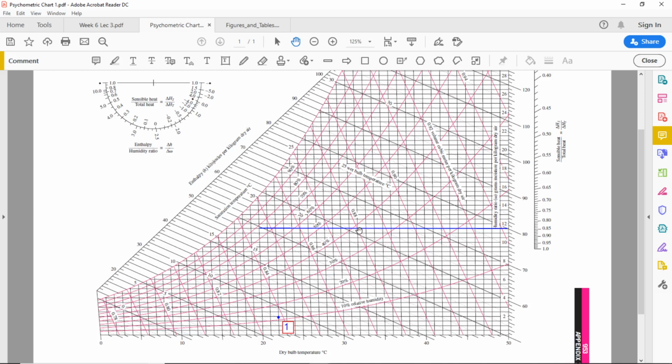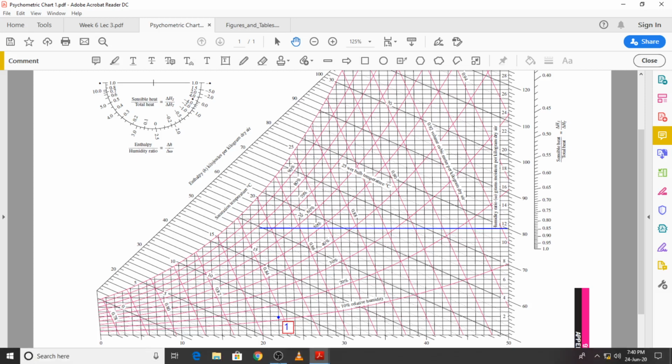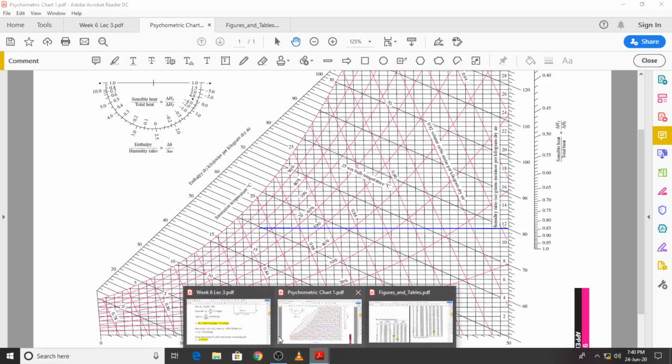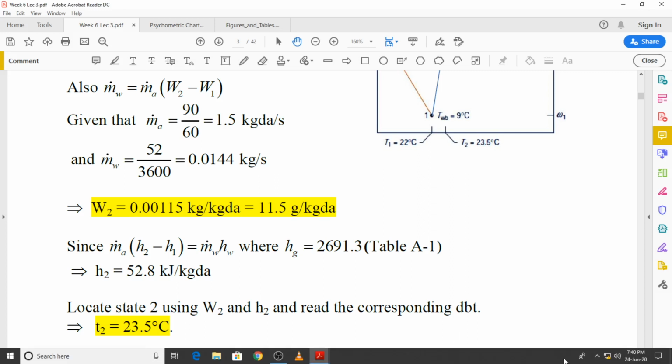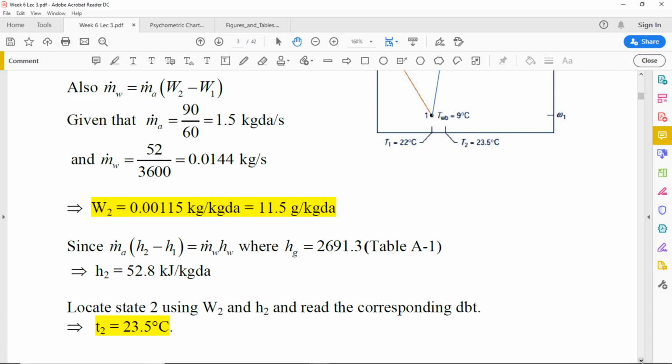At 110 degrees C, the enthalpy of saturated vapor was 2691.3 kilojoule per kilogram. Mass flow rates of air and water are given in the problem. h1 we have found out from the psychrometric chart, so all we need is h2, and the value of h2, if we go back to the solution in the lecture notes, it comes out to be 52.8 kilojoules per kilogram dry air.